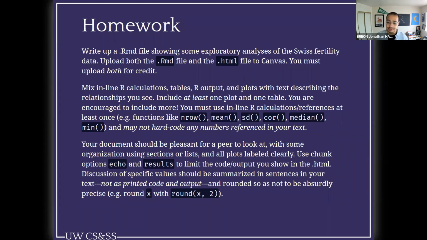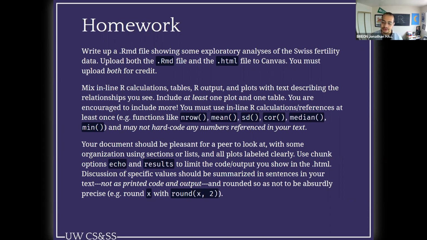Your document should be pleasant for a peer to look at, with some organization using sections or lists. And all plots are to be labeled clearly by giving arguments to your plotting functions. Use chunk options echo and results to limit the code and output you show in the HTML.